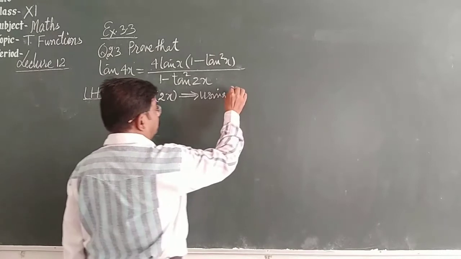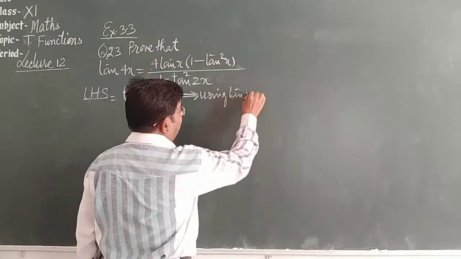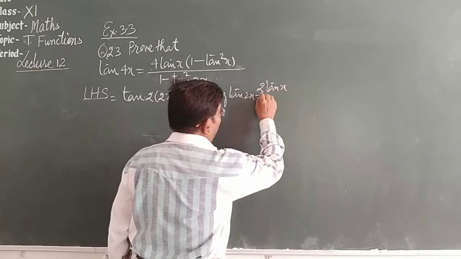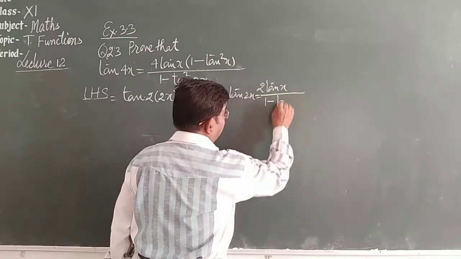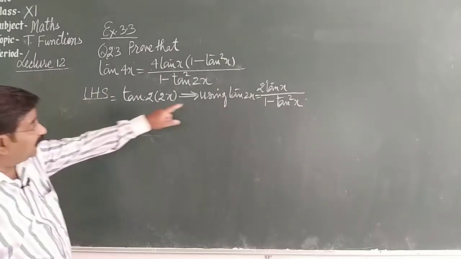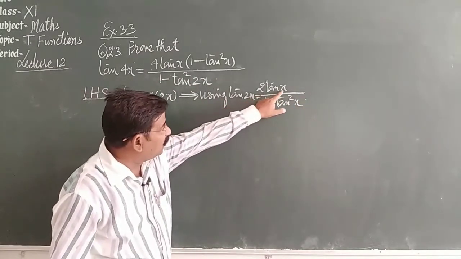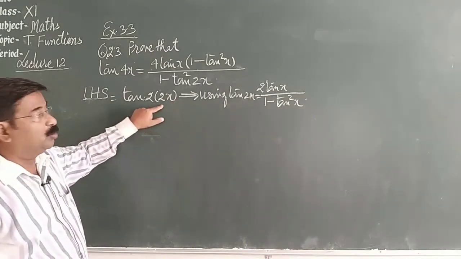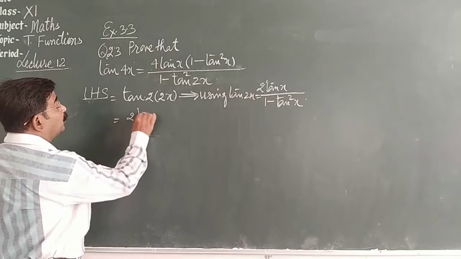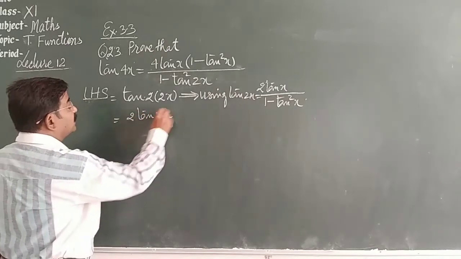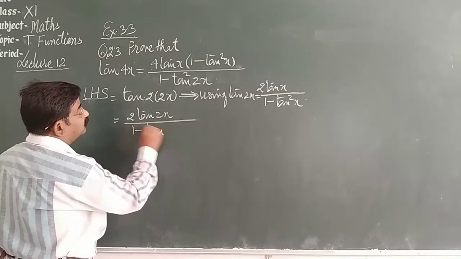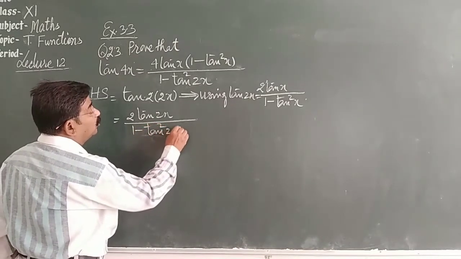Using tan 2x is equal to 2 tan x upon 1 minus tan square x. This is the formula. So in place of x we will write what? 2x. So I am writing 2 tan 2x upon 1 minus tan square 2x.